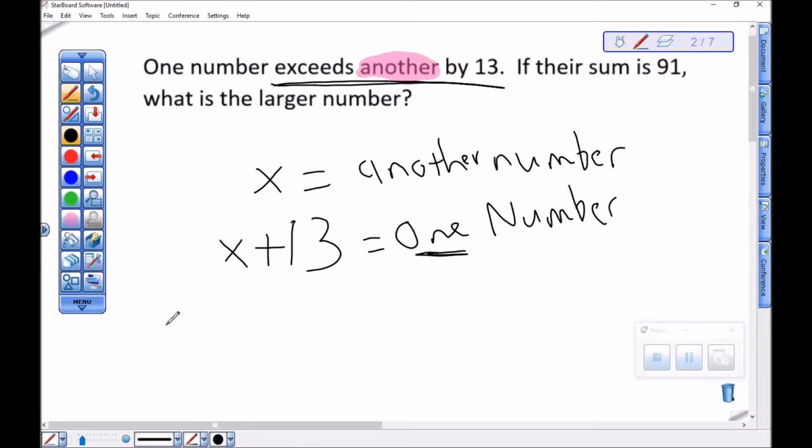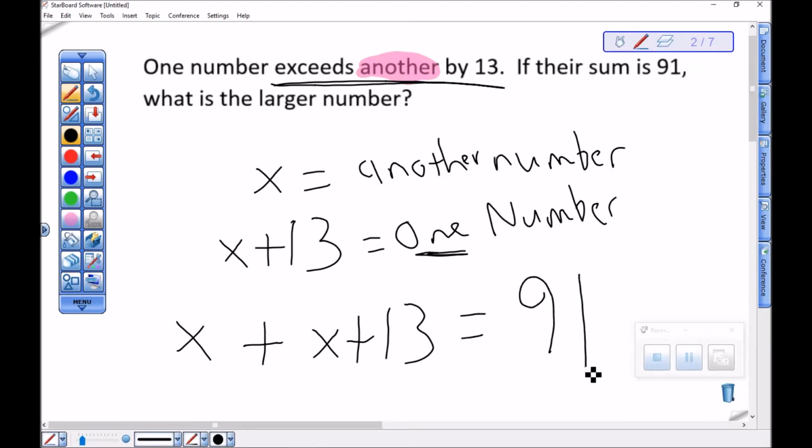Now, I need to remember what the word sum means. Sum is what you get when you add things together. So the sum of these things is 91. That means that the sum of x plus 13 is 91.